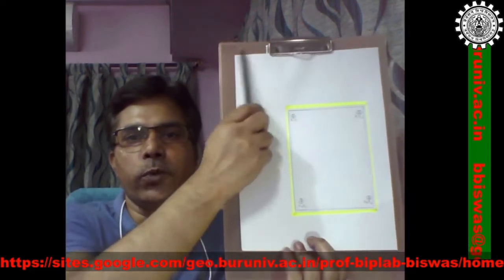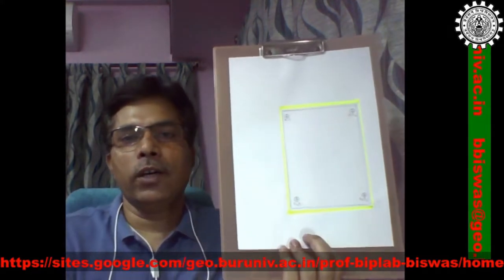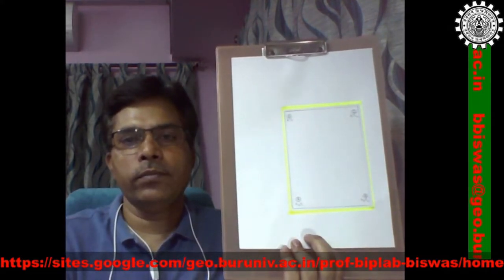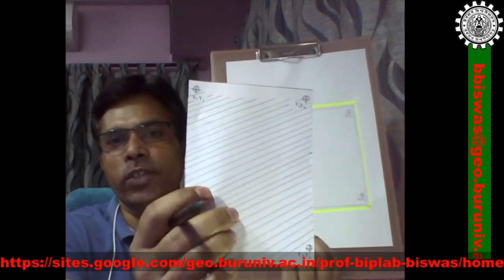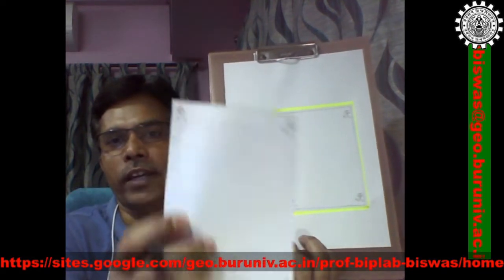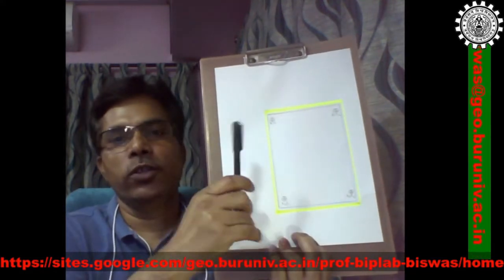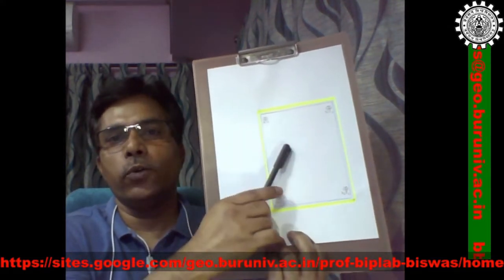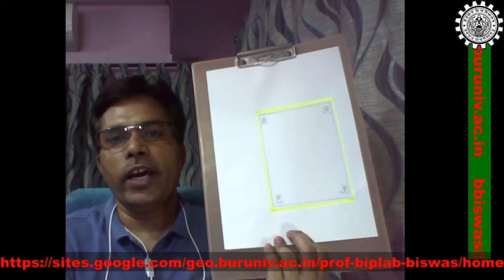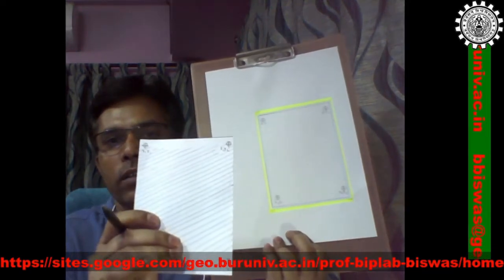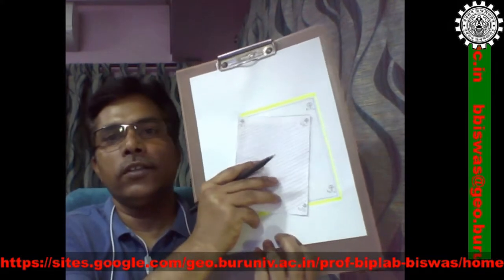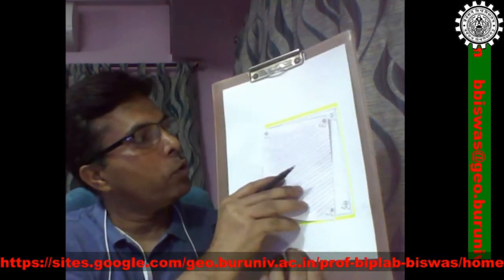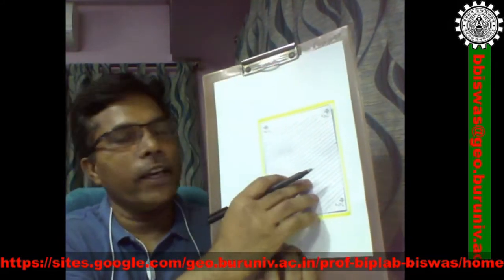Consider this white paper is our downloaded satellite data. This is our scanned study area image, and this scanned study area image belongs to that particular area. Now we have to bring this data exactly over this place, so it fits like this.